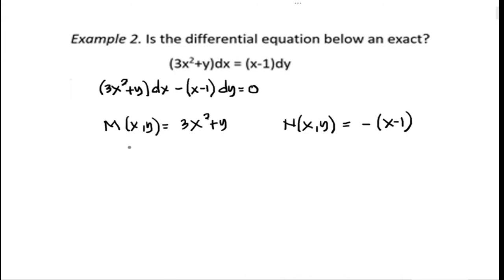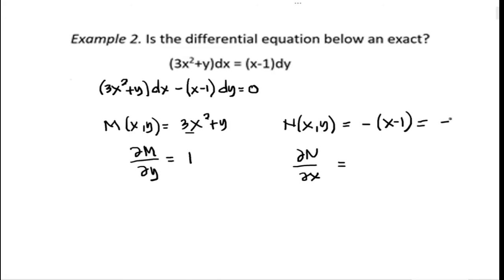We are now going to get again the partial derivative of this M with respect to y. So again, the 3x squared is assumed as constant, so that is 0. Then the derivative for 1, y is 1. For our N, the partial derivative of N with respect to x is now equivalent to, maybe for easier, we are going here to expand.